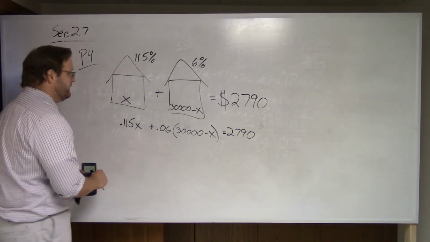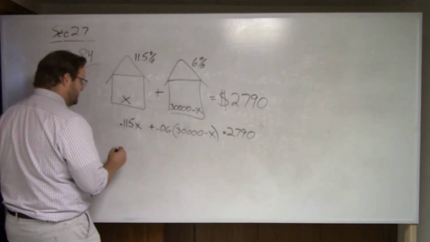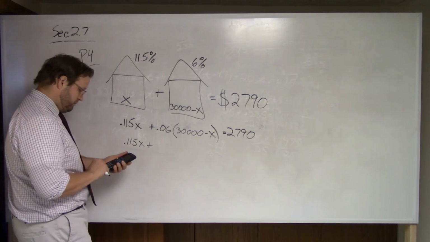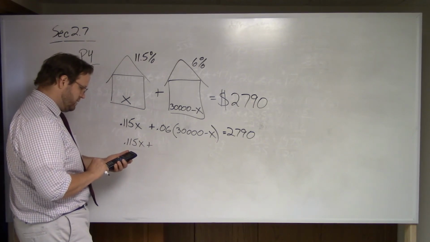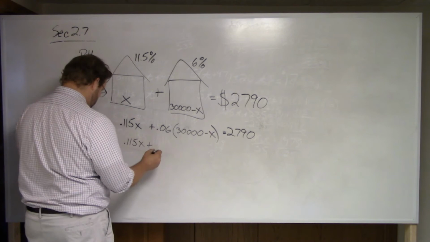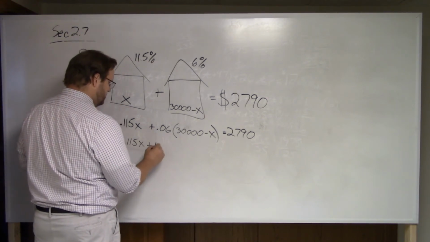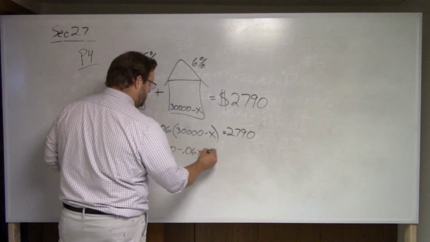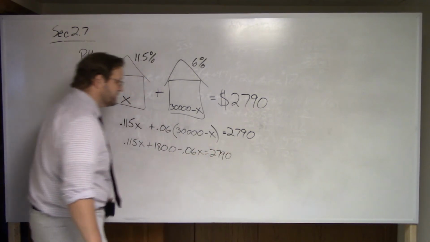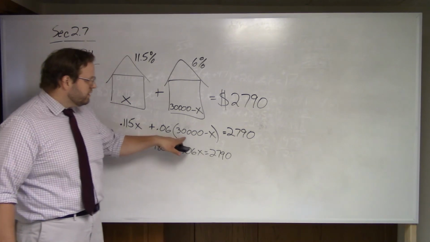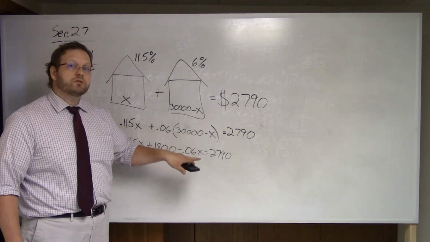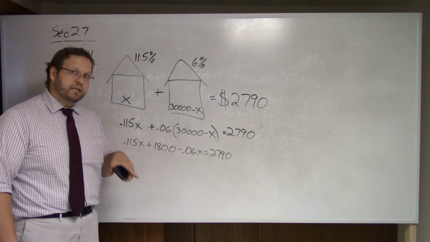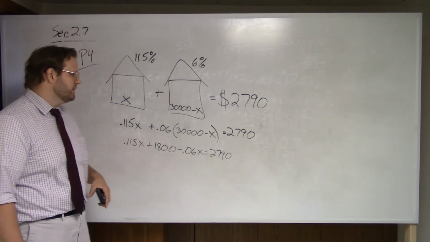Okay? Now, from there, we just go ahead and work that out. So what we're going to have, again, if you want to use your calculator, that's fine. 0.115x plus that 0.06 times 30,000 is 1,800 minus 0.06x equals 2,790. When you start adding a bunch of zeros here, make sure you are very careful when using this thing. Make sure you're reading it before you hit enter and you don't miss a zero or add an extra one in there.